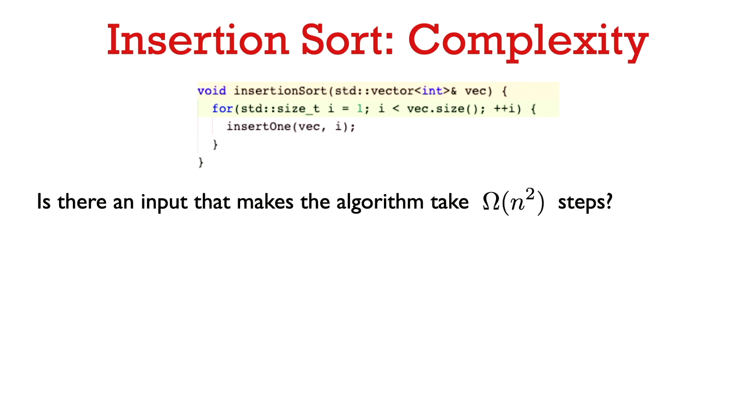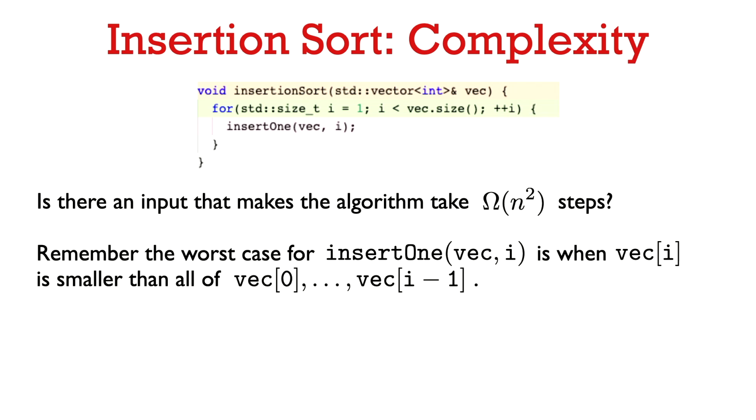What about our lower bound? Is there an input which makes insertion sort take a constant times n squared steps? Let's go back to the building block of insert1. Remember that the worst case for insert1 is when the element being inserted is smaller than all the previous elements in the array.